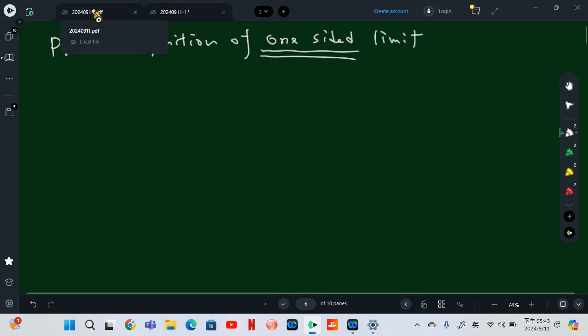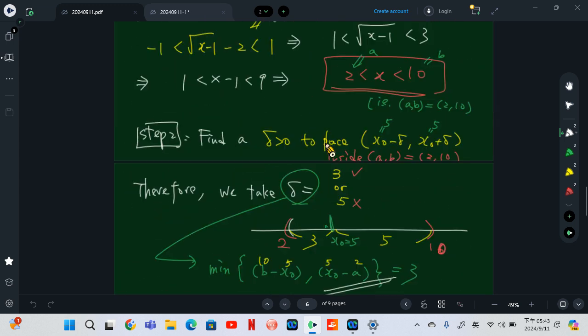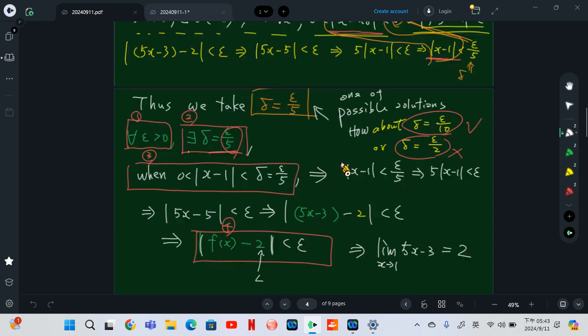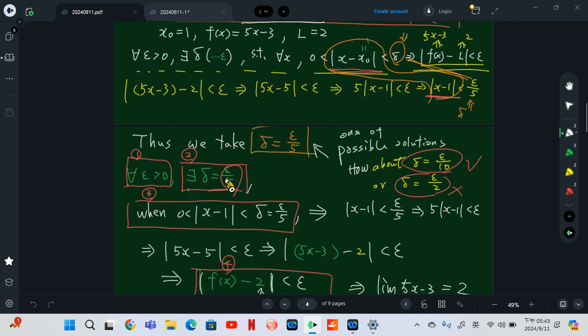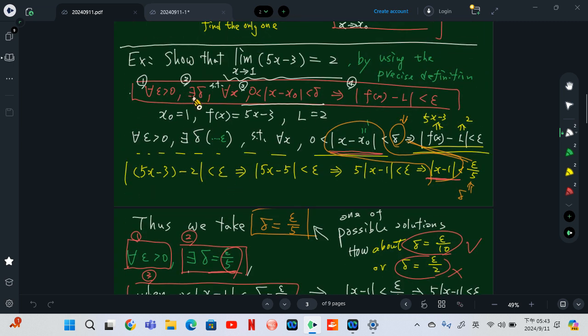If we focus on two-sided, you can just trace back here. For any given epsilon, we always can find a delta corresponding to this epsilon. Then for any x, when the distance between x and x0 is less than delta, then we always can conclude that the distance between f(x) and L is less than epsilon. So this is for two-sided.